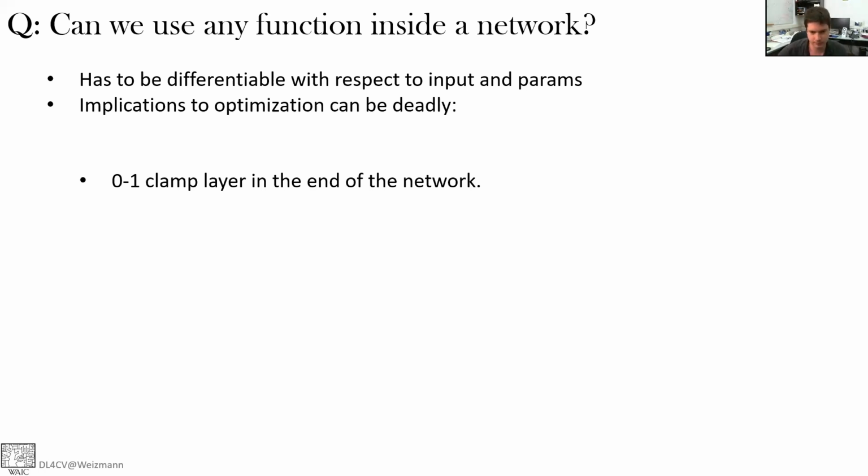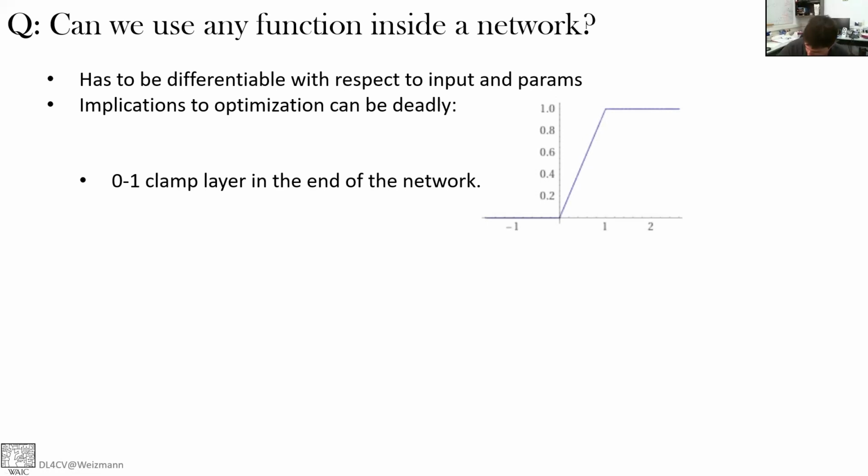Any ideas? Why can this be problematic? Vanishing gradient. So I heard vanishing gradients, and the gradient indeed vanishes, but vanishing gradients is a phenomenon that is usually attributed to another thing. It's true that the gradient vanishes, and I'll explain why. If I put this function at the end of my network, let's say I get an output that is bigger than 1.